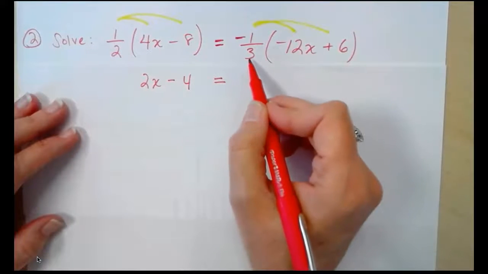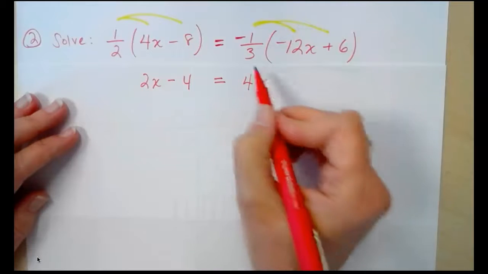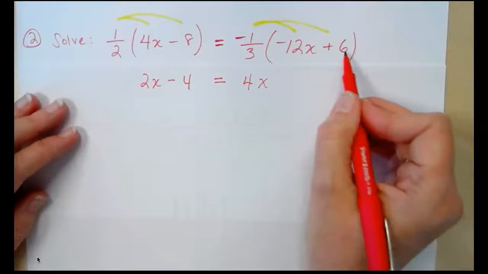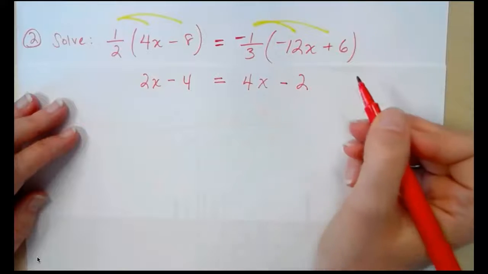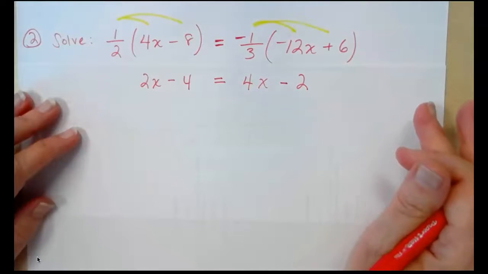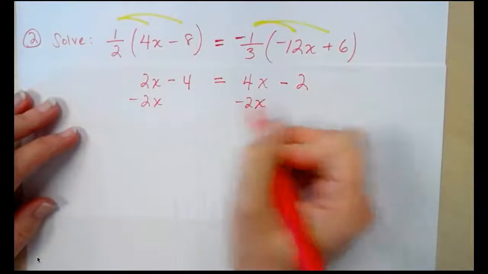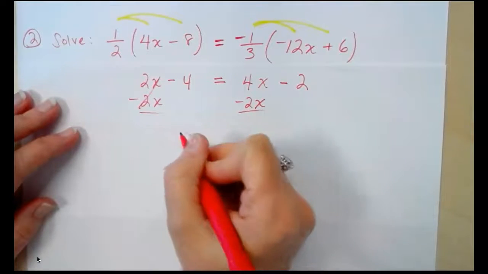Negative 1/3 times negative 12 is 4x. Negative 1/3 times positive 6 is negative 2. So we've eliminated the grouping symbols and we've eliminated the fractions. Minus 2x, minus 2x. Those cancel.